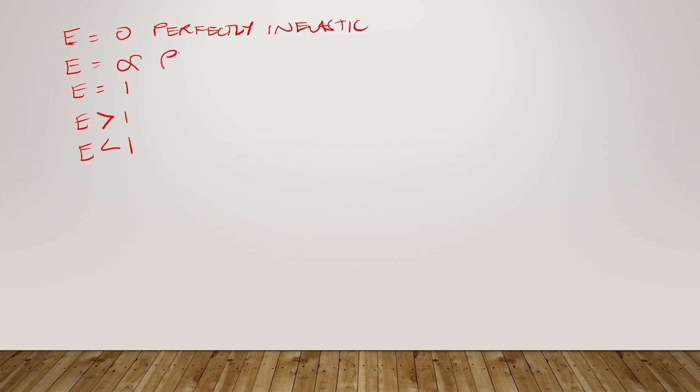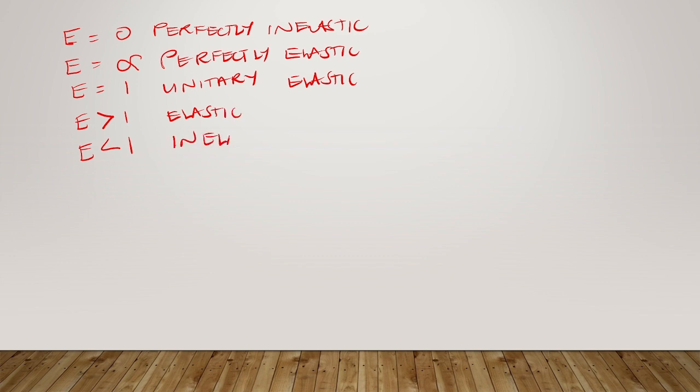Infinite is perfectly elastic. And 1 is what we call unitary elastic. If it's more than 1, it's elastic. If it's less than 1, it's inelastic. These are the 5 possible results for your price elasticity of demand coefficient.